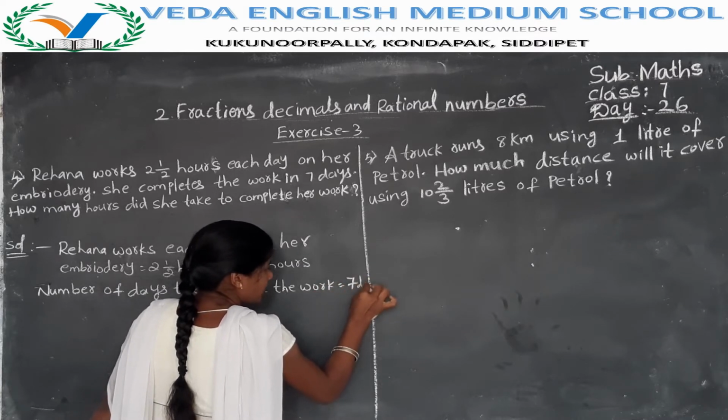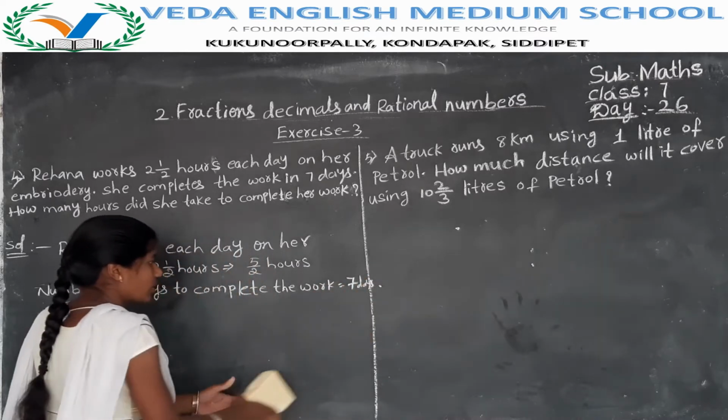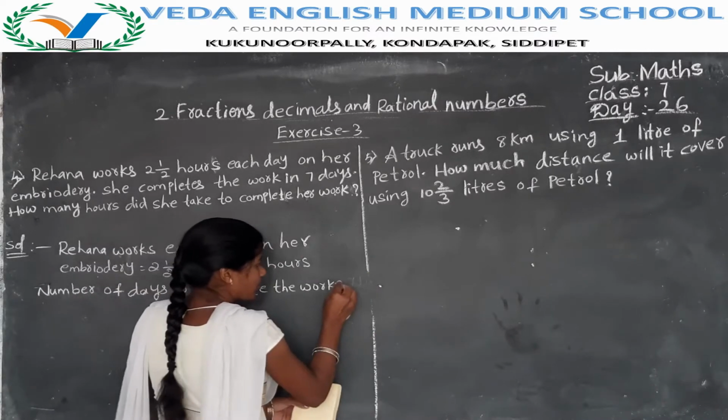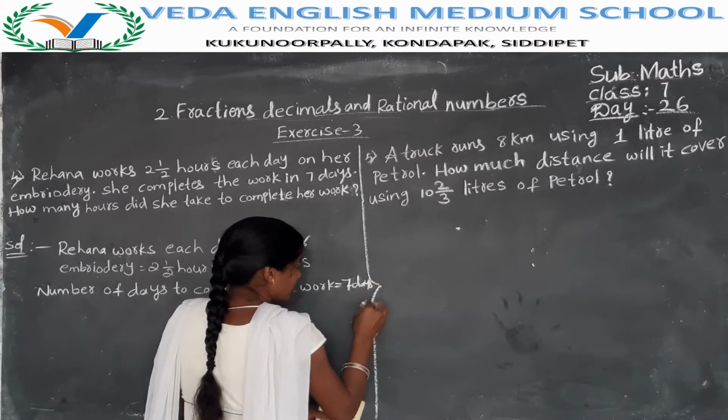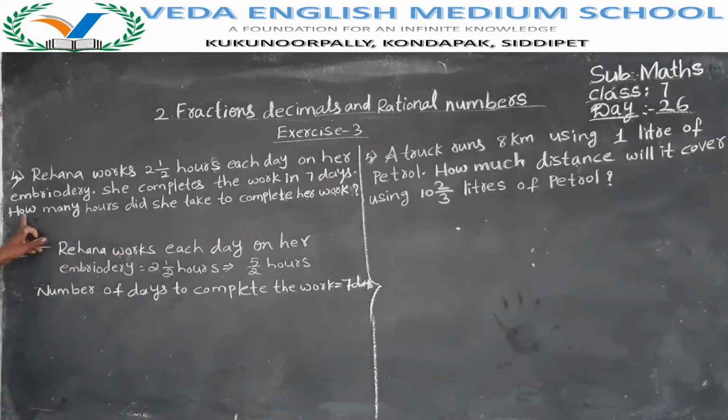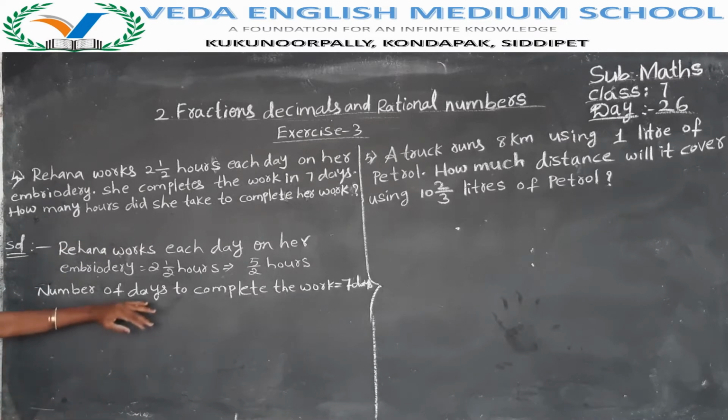She will take 7 days to complete the work. Now how many hours did she take to complete the work? Same work, she has to take the time of 7 days.